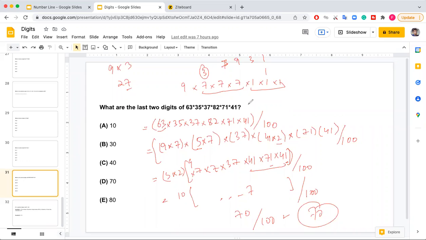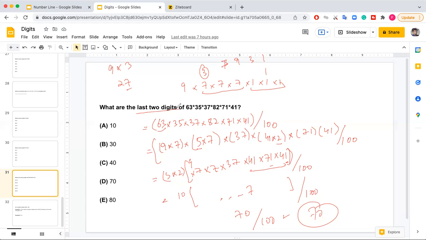Why are we dividing by 100? Just see the question again: what are the last two digits? Got the point?